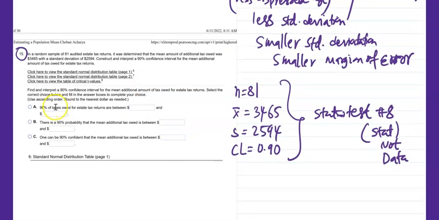You will find the interval, the lower bound and upper bound, in the calculator. You put the lower bound here and the upper bound here, as you get from the calculator. We did this a couple of times before, so you should be fine.